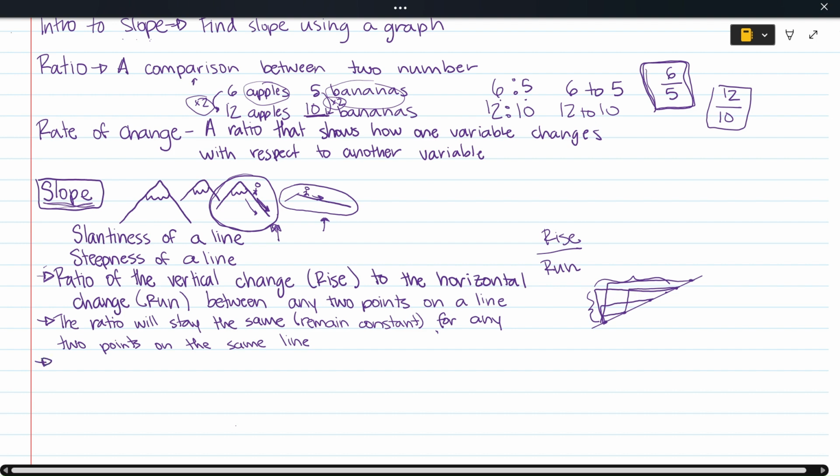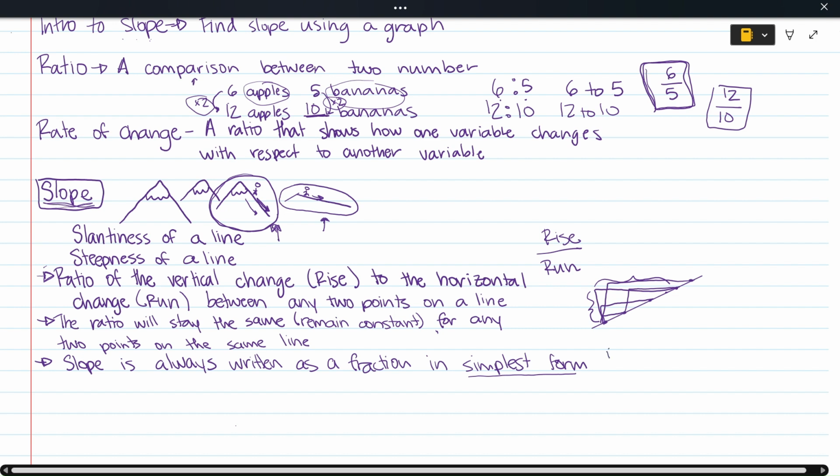Another specific thing about slope is that slope is always written as a ratio, or is always written as a fraction. Of course it's always written as a ratio. It's in the definition. It's always written as a fraction in simplest form. Simplest form, when we were younger, sometimes meant a mixed number, but in here, all we're going to do is reduce the fraction.